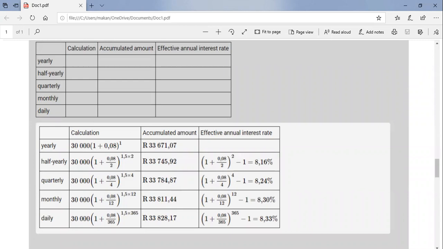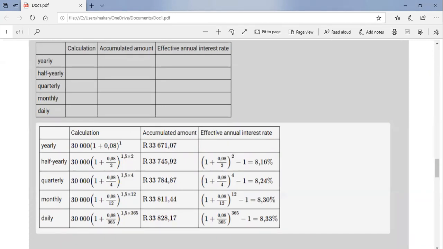And you can see that when you calculate your interest on a daily basis, it seems to generate a lot of money rather than the annual interest. And the same goes for the calculation of the effective annual interest rate.